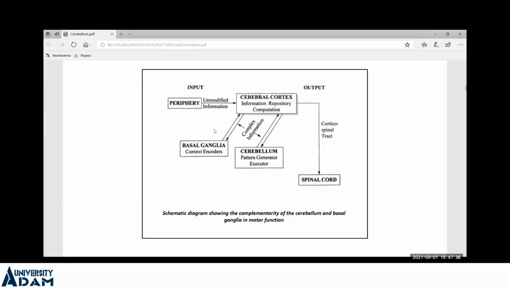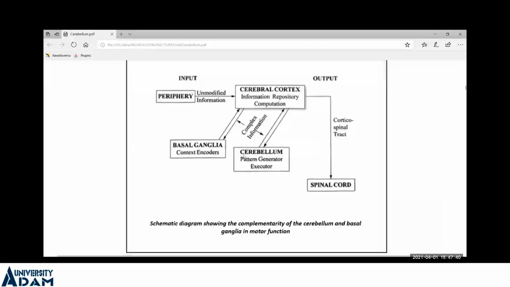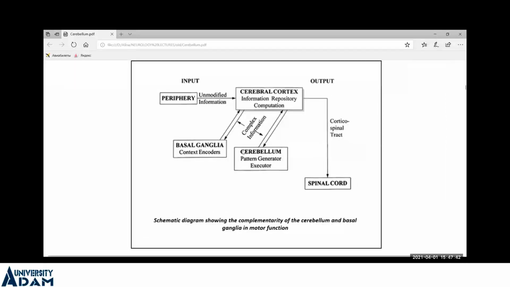Okay, so guys, both the basal ganglia and the cerebellum mediate their effects by influencing upper motor neurons. As you remember, upper motor neurons are found in the cerebral cortex, right? We have upper motor neurons and lower motor neurons.